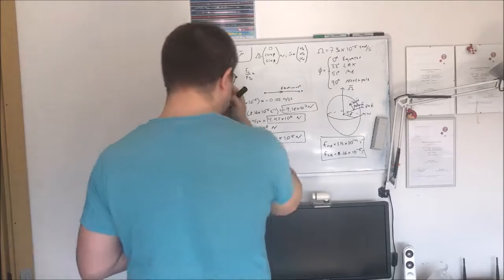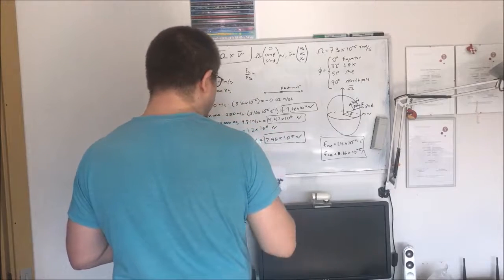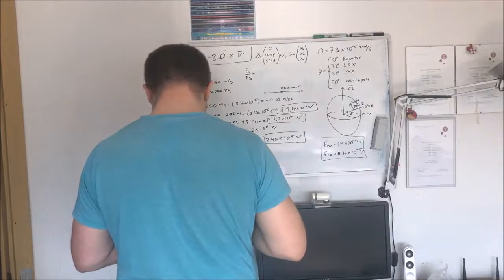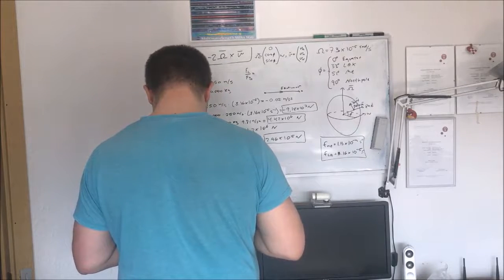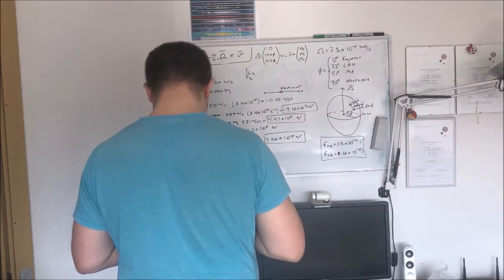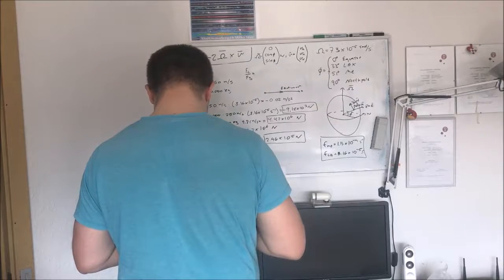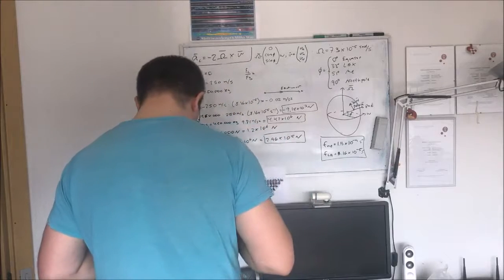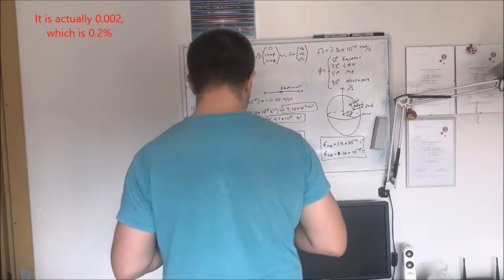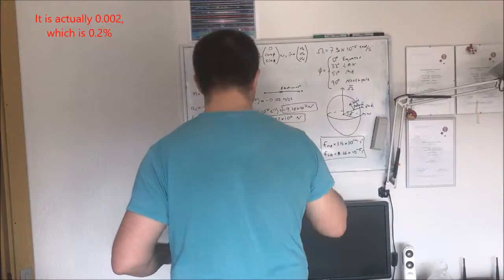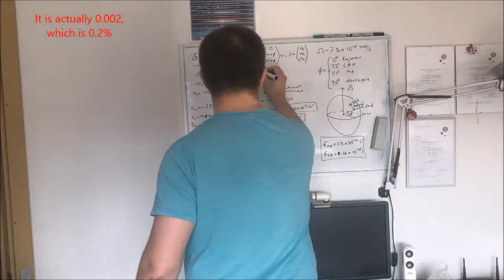Now that I can't do in my head. Let's say I remove the minus because I'm only looking for a ratio. So it's 9.18 times 10 to the third divided by 4.42 times 10 to the sixth. That is 0.02, or 0.2%.